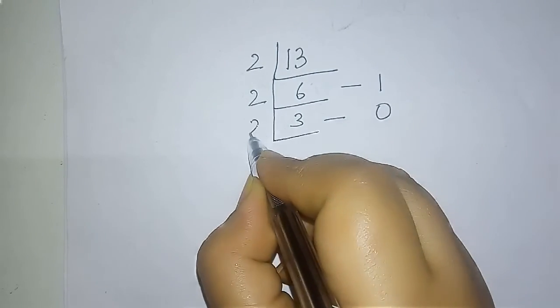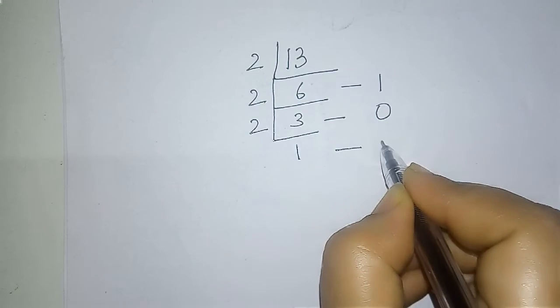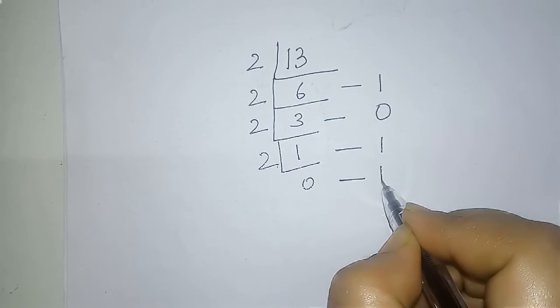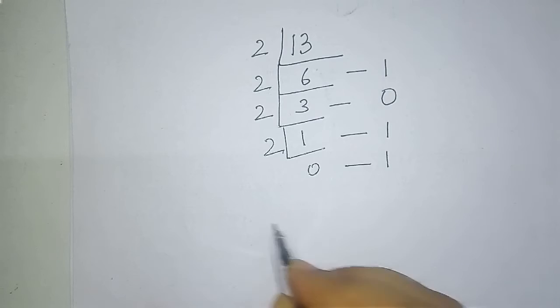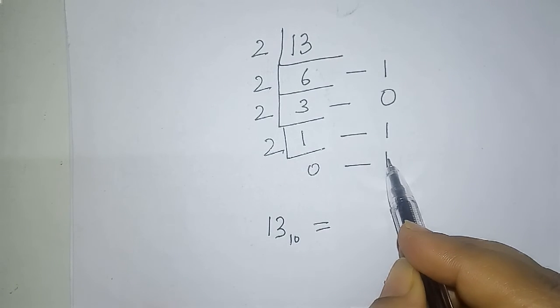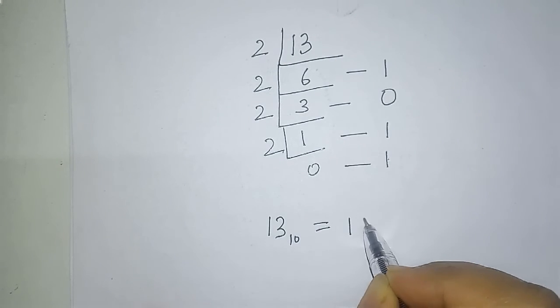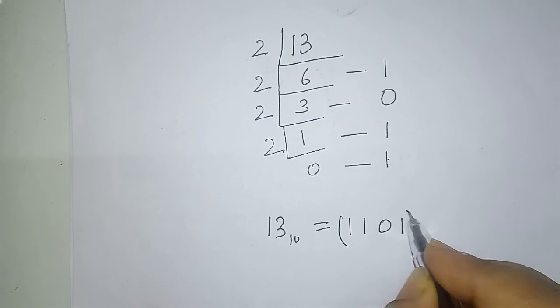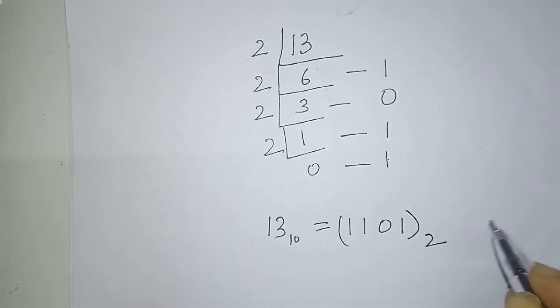Then the remainder as 1. And then the remainder as 1. So the binary equivalent of number 13, accumulating from bottom to top, will be 1, 1, 0 and 1. So this 1101 represents the binary equivalent of the number 13.